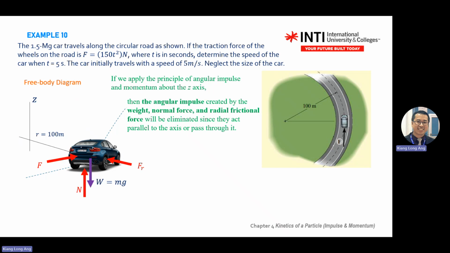So when we want to use the principle of angular impulse and momentum, the impulse will be eliminated by the weight, normal force, and radial friction, right? So you pull out the principle of angular impulse and momentum. Angular impulse is moment multiplied by time.